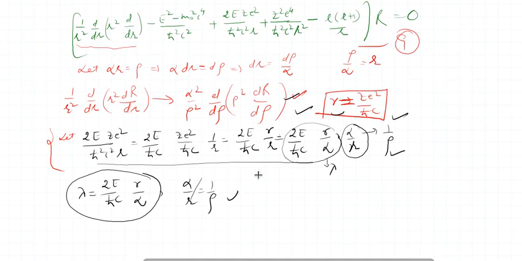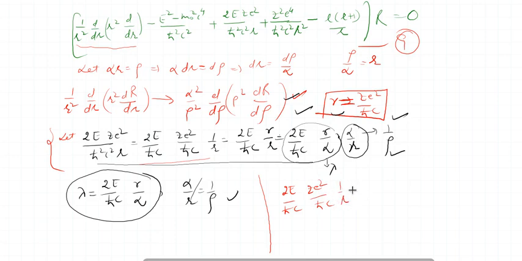at this part. So let me correct it as 2e over h cross c. I am looking at this part. It is z e square over h cross c, and it is 1 by r.